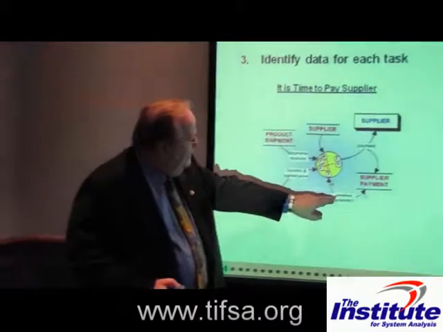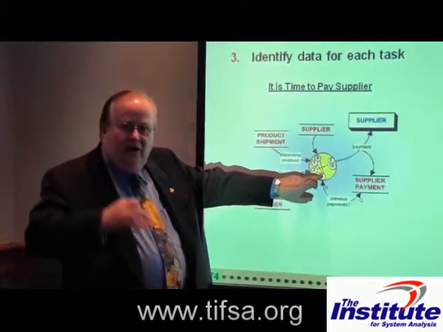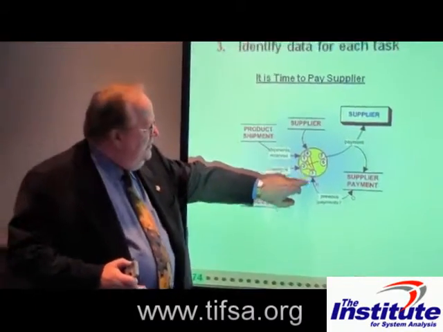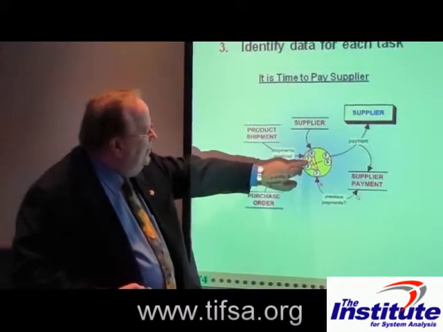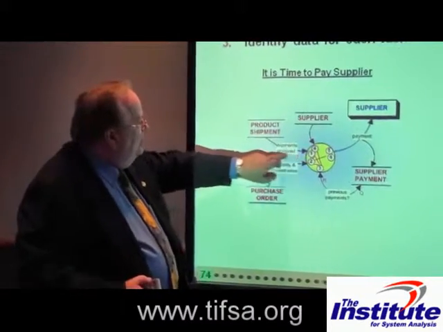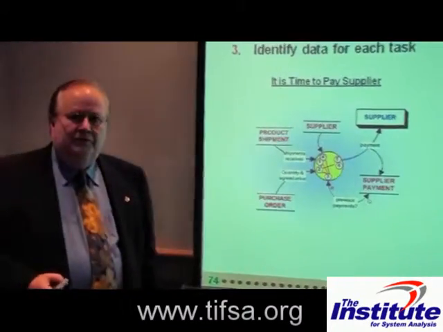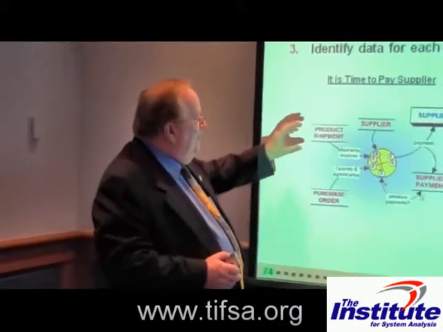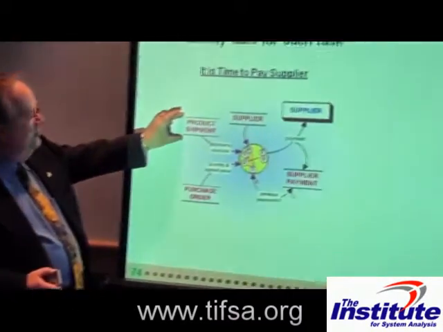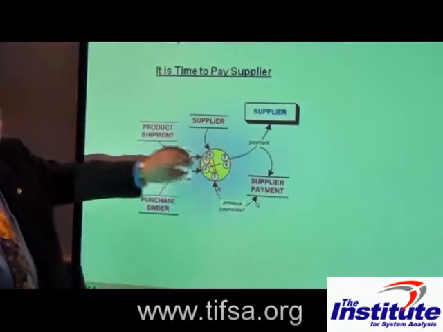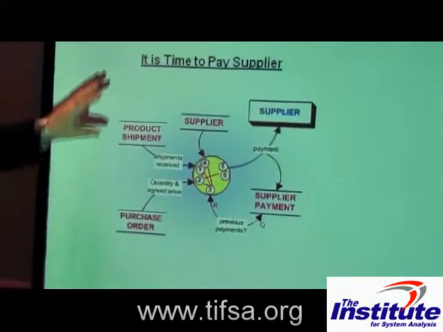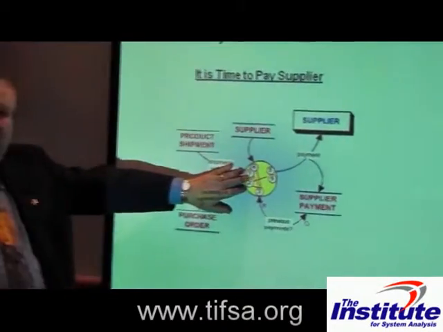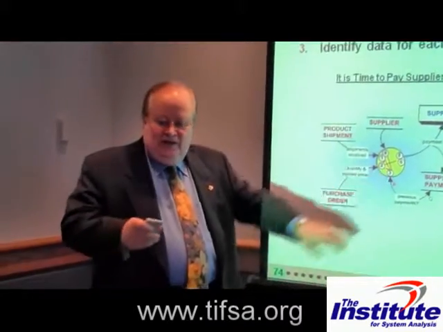And we've said that for a task from a higher business perspective, that we need this information. We need supplier payment information. We need, for this task here, product shipment information, shipments received, and so forth. Well, what they're going to do is say, we don't necessarily need all of the product shipment information to deal with this task. We need a subset of this information to deal with that task. And they'll get into the nitty-gritty of identifying the data for the individual tasks and subtasks that they create in the solution design.